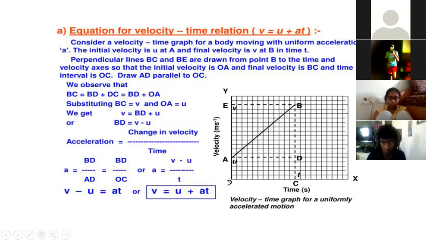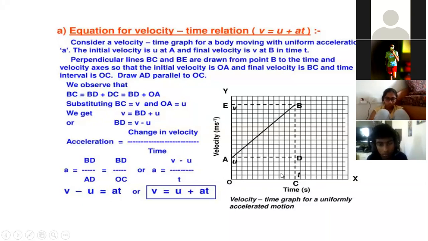If you call your OA the initial velocity, denoted by small u, then you can call CD also the initial velocity, because you have drawn a perpendicular from point B. There's only one graph, which is AB. He has taken a perpendicular from point B, drawn across the y-axis and across the x-axis.